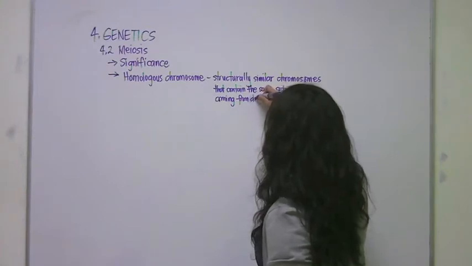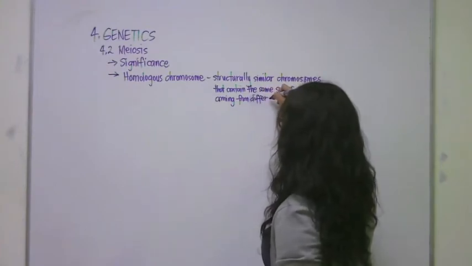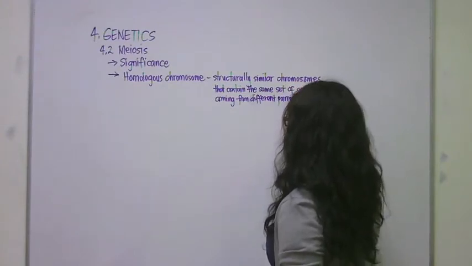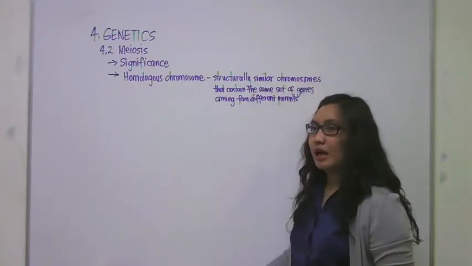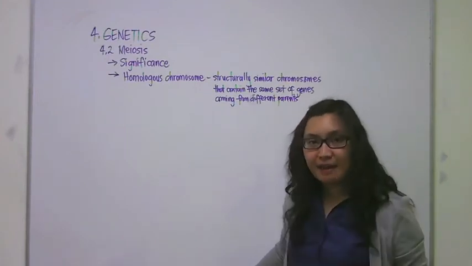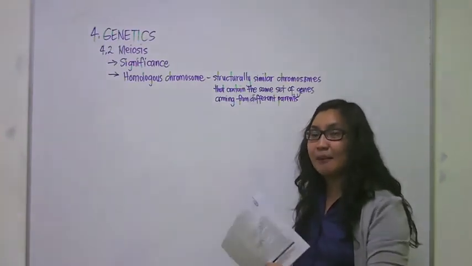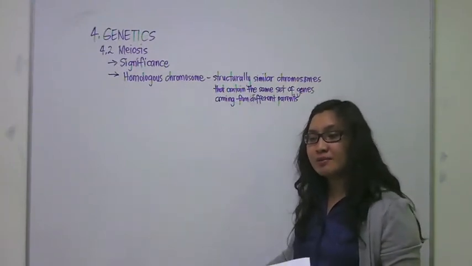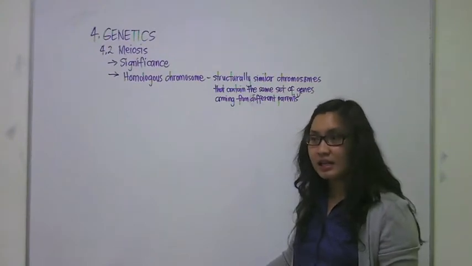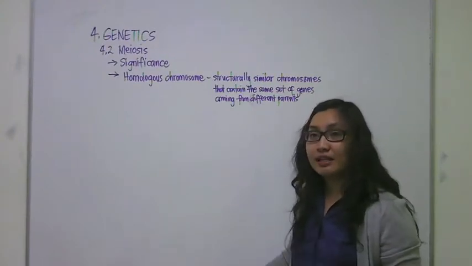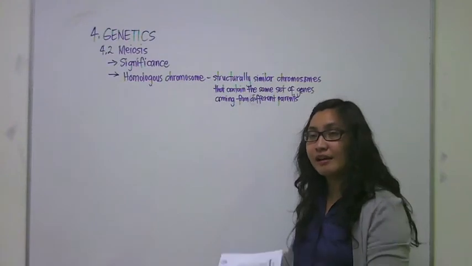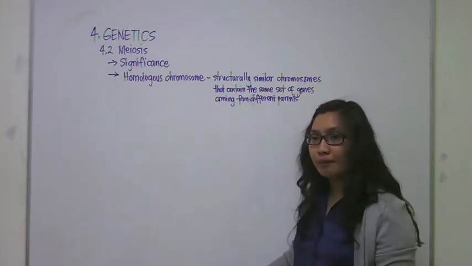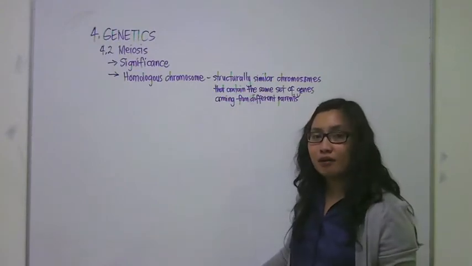We have to reiterate to students as well that the reason why siblings, or all offspring in a family, don't look exactly the same as their parents is that whenever homologous chromosomes line up together in the process of meiosis, each and every sperm cell and ovum gets a different set of genes.